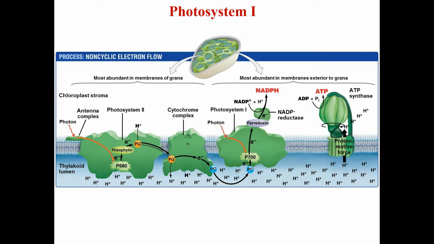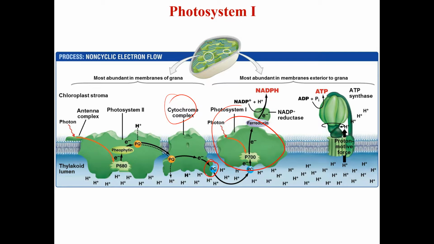Photosystem 1. Photosystem 2 is going to transfer its electrons to the cytochrome complex. The electrons are transferred from the cytochrome complex to plastocyanin, another membrane protein carrier, electron carrier molecule. These electrons are carried to photosystem 1, to replenish the electrons lost by photosystem 1 because photosystem 1 has absorbed light energy.